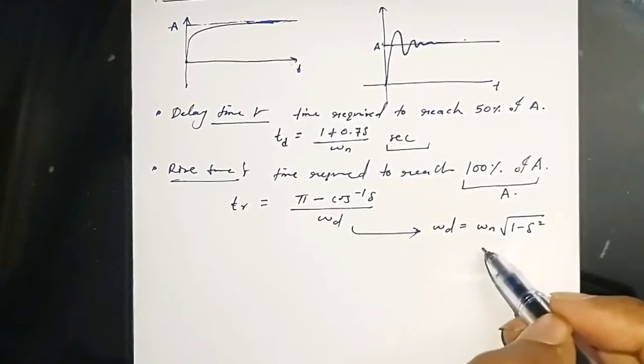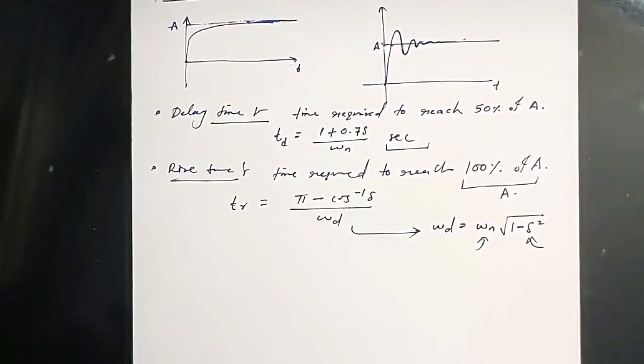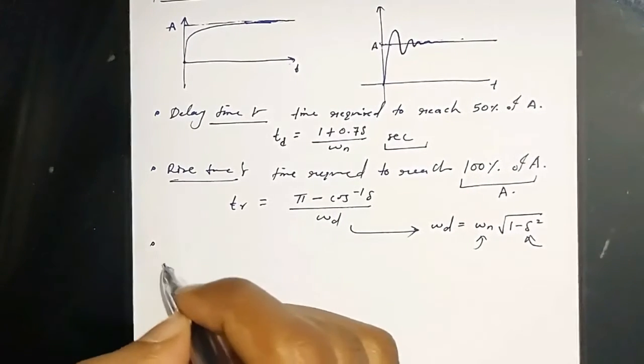Where omega n is the natural frequency, and zeta is the damping ratio.